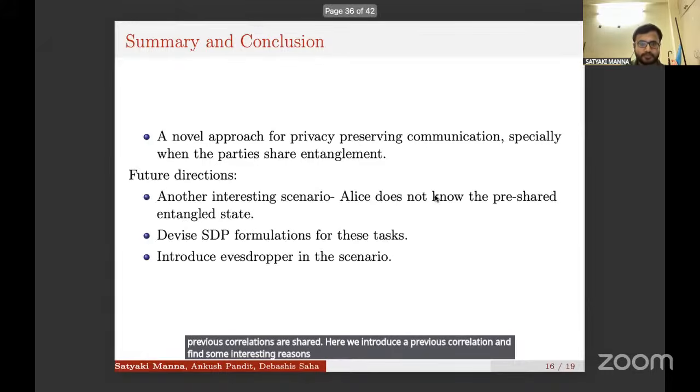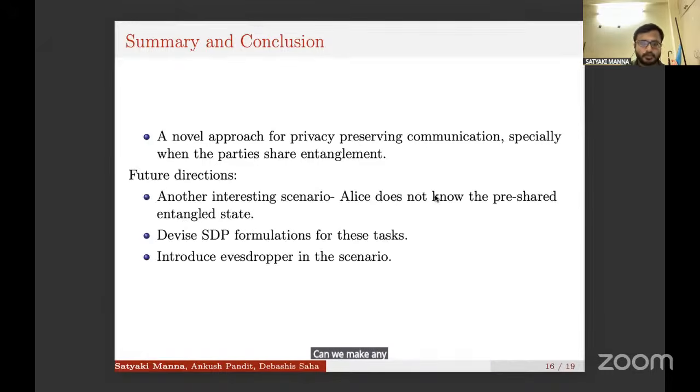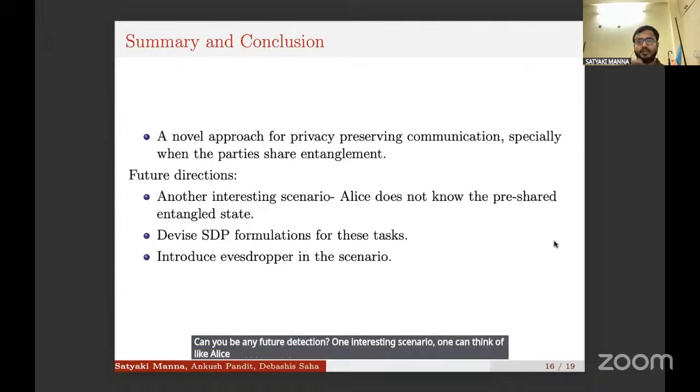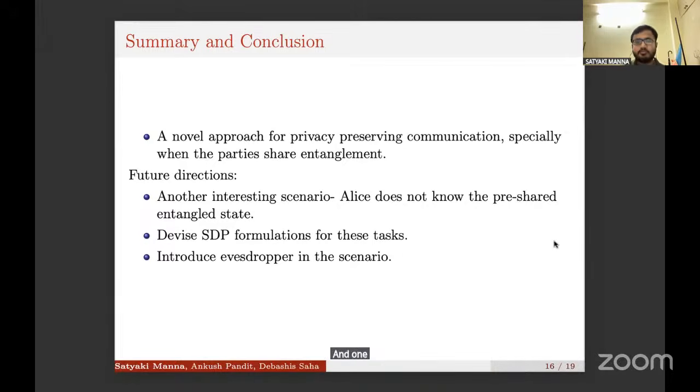And there can actually be many future directions. One interesting scenario one can think of is where Alice doesn't know the entangled state. Some third party is sharing the entangled state, depending on Alice and Bob doing the communication. One can also introduce an eavesdropper in the scenario.